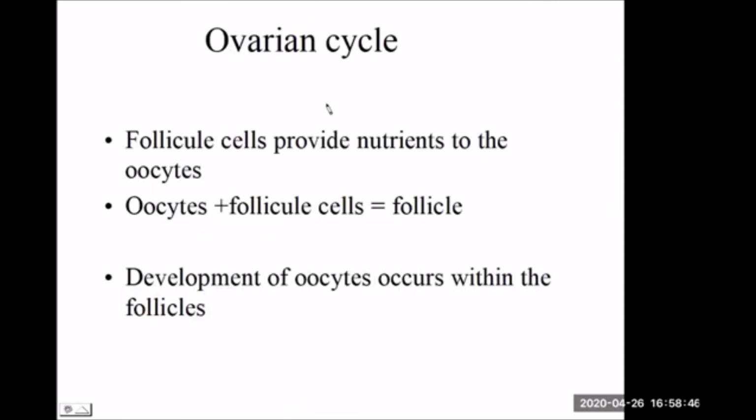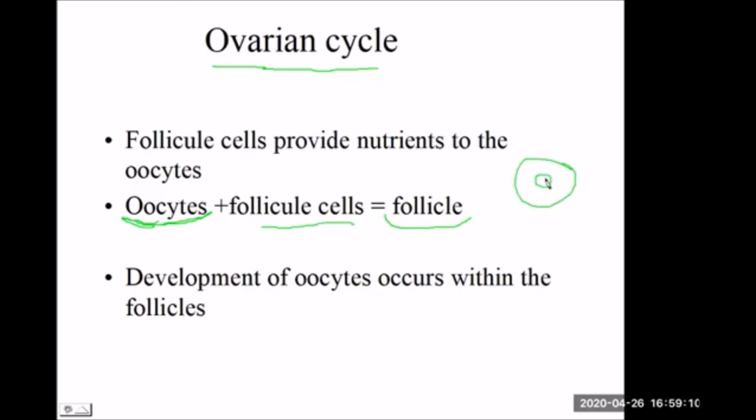So that leads us to the description of what's called the ovarian cycle, the events that occur within the ovary to allow for this development. We're going to start with what's called a follicle structure. It has, of course, the egg cell that's still in an immature state, what's known as an oocyte, and the surrounding follicle cells, generally making a shape kind of like so.